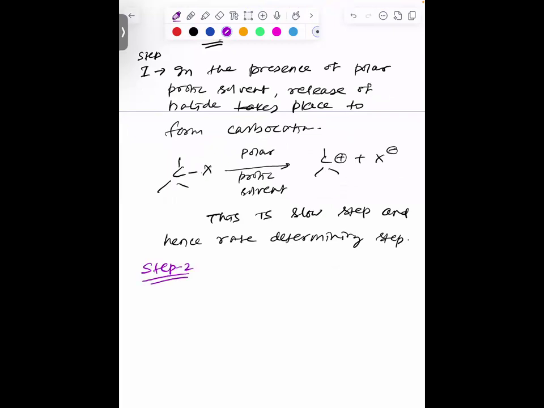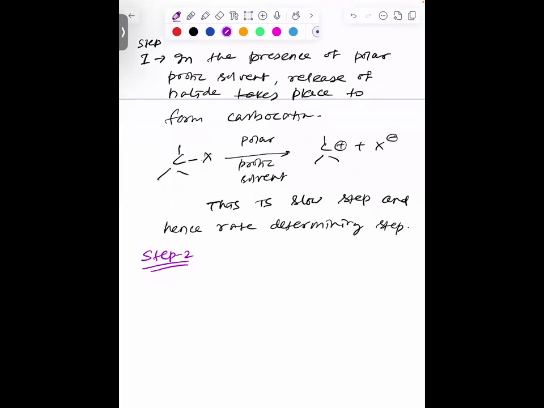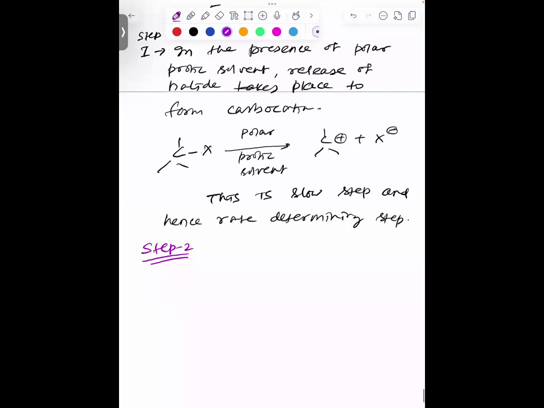We know in any reaction, again repeating, in any reaction, if carbocation is formed as the intermediate, then before giving the product, it may undergo rearrangement to form a more stable carbocation.